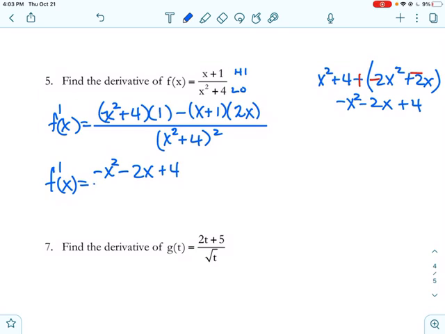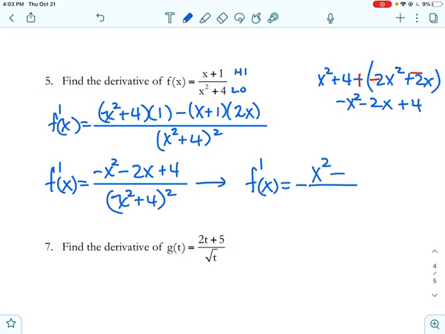So this is the first derivative over x squared plus 4 squared, and we can rewrite that as f prime of x is equal to negative, so the negative out front, x squared plus 2x minus 4, and then that would be over x squared plus 4, the quantity squared.